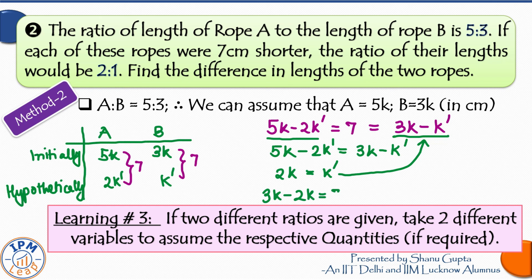Therefore, the value of K is 7. Our required answer, the difference in lengths of the two ropes, will be 5K minus 3K, which is equal to 2K. 2 into 7 is 14. Frankly, the earlier approach is easier, but I prefer this approach because fewer calculations are required in this one.